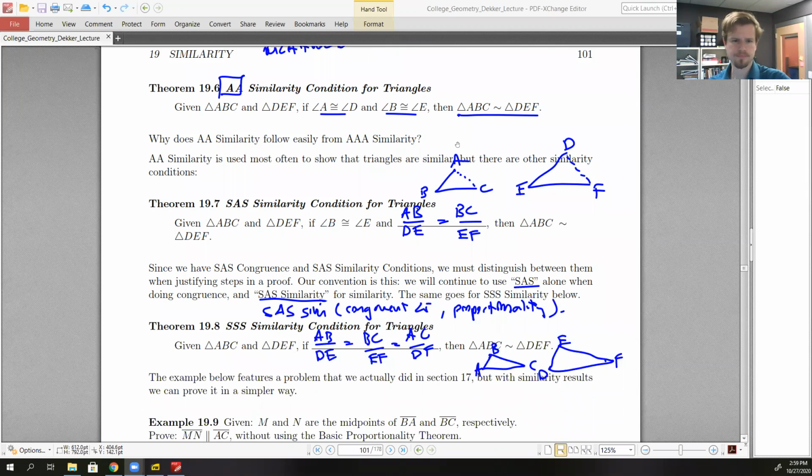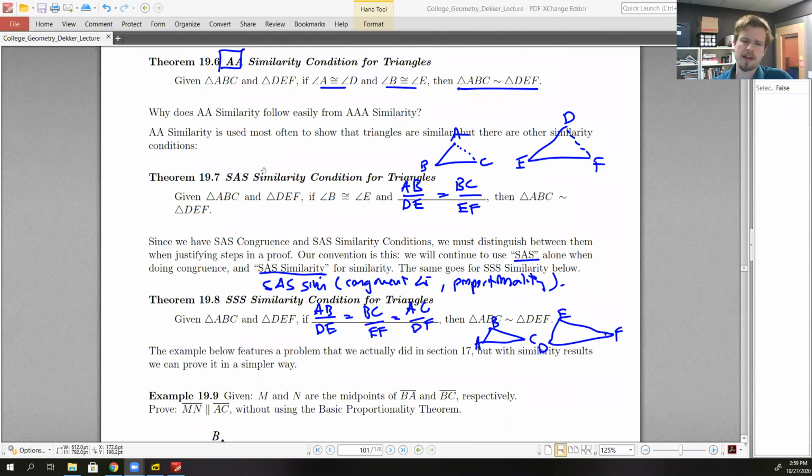a triangle. We can also use side angle side, but instead of the traditional side angle side that we would think of for congruence, that doesn't make sense, of course. So we would want the congruence of an angle, but then the satisfaction of the proportionality for the side lengths, specifically two pairs.